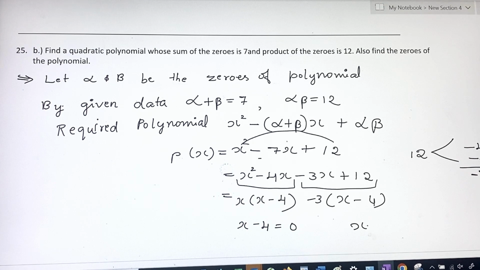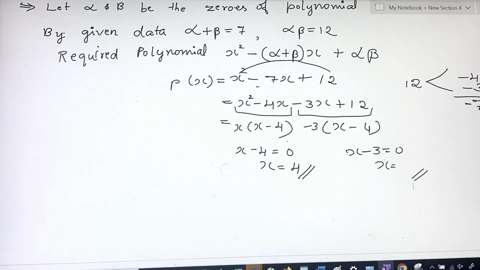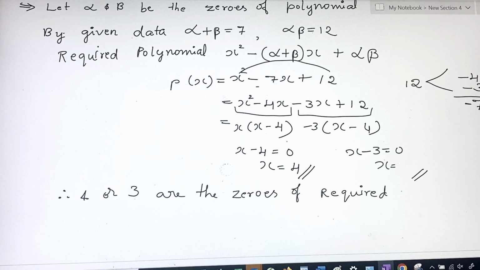So x is equal to 4, and x is equal to 3. Okay, now we got two values, so these are nothing but the zeros of the polynomial. Therefore 4 and 3 are the zeros of the required polynomial.